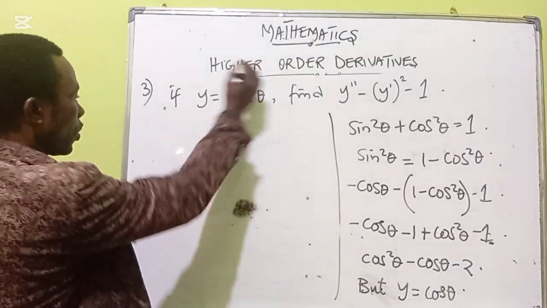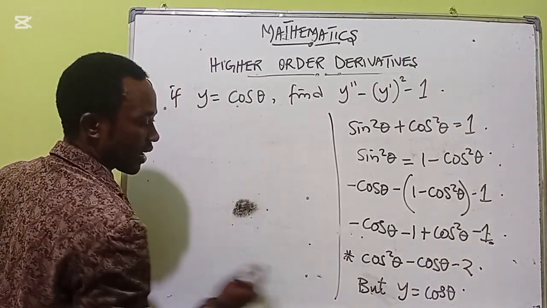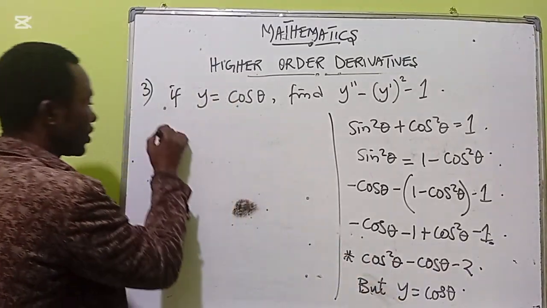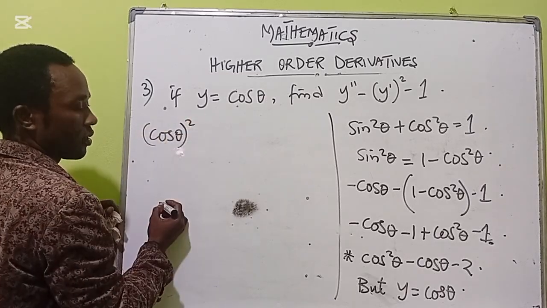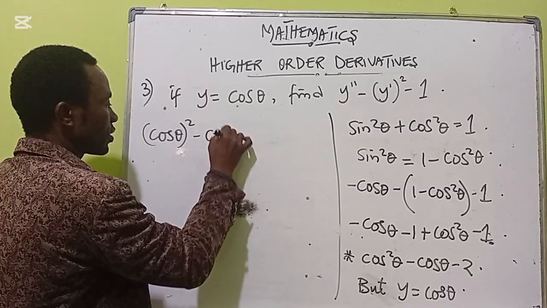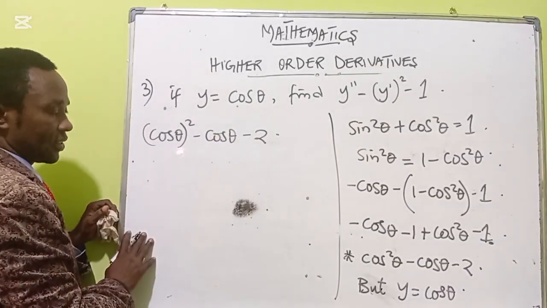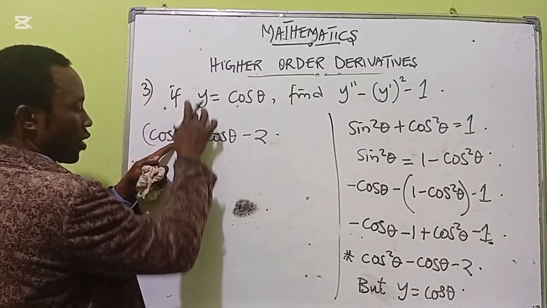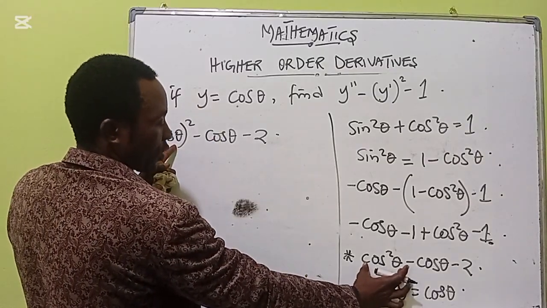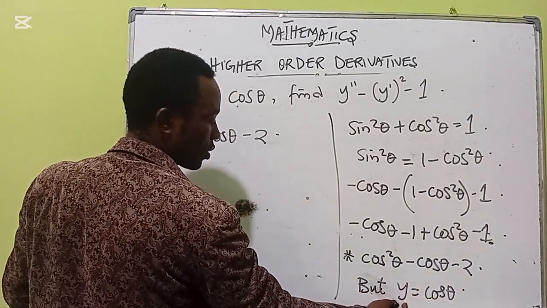So if I write this equation out, this is cos theta all squared, then minus cos theta, minus 2. That is it, because cos theta squared is exactly the same thing as cos square theta. So anywhere we see cos theta, we put y.